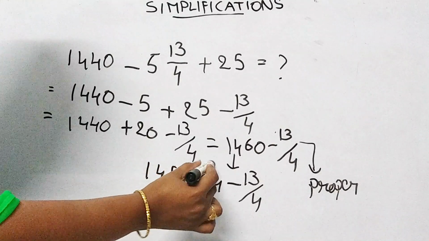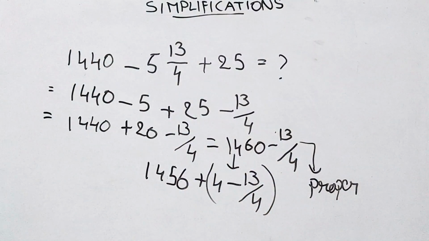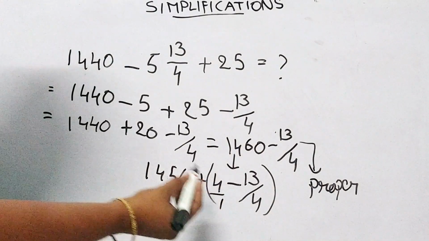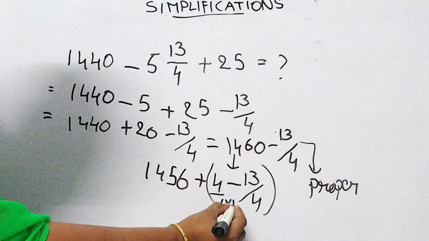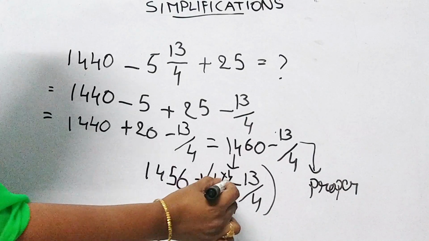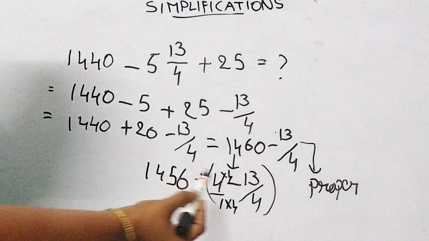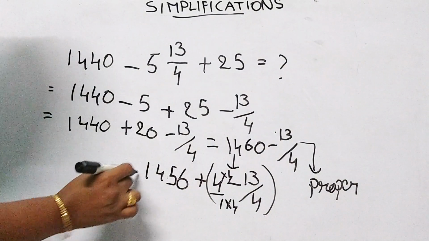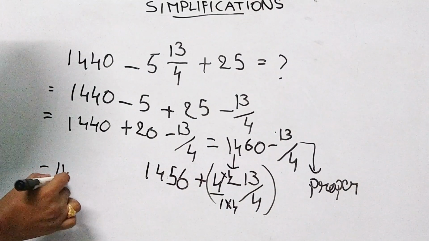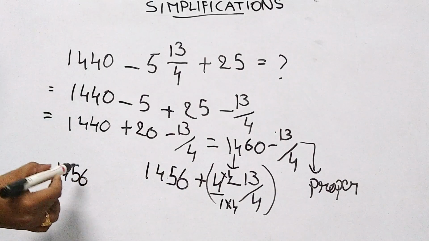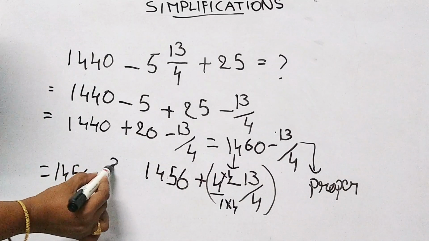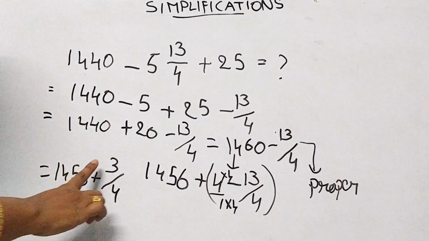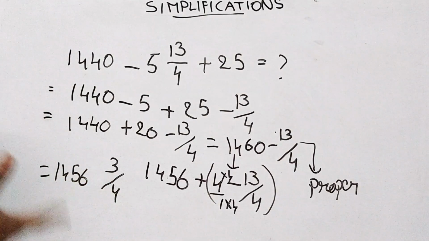Now let's simplify this. Make these two denominators equal, 4 into 4, 16. 16 minus 13 is 3. So write this as 1456 plus 3 by 4, which is equal to 1456 3 by 4.